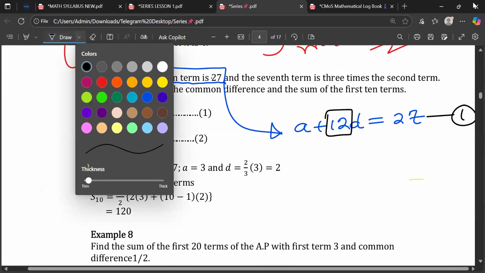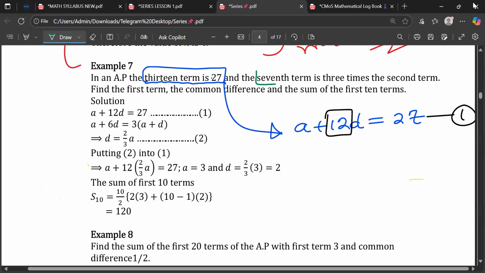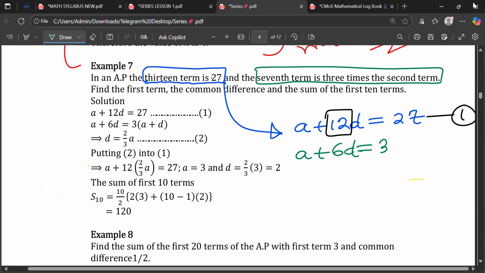What else? They are saying the 7th term is 3 times the 2nd term. Because of 7 here, we shall have 6d. They are saying it is 3 times the 2nd term. For the 2nd term, we shall just have 1d. You get the point?